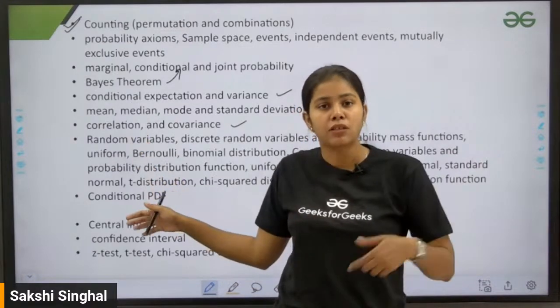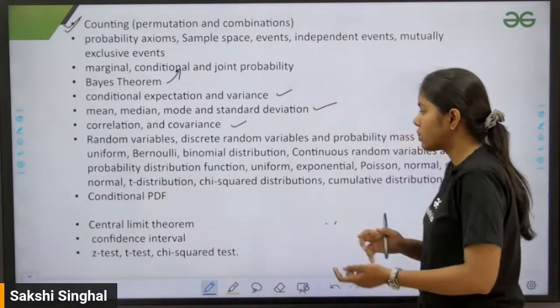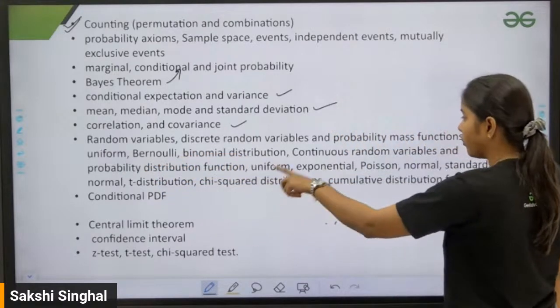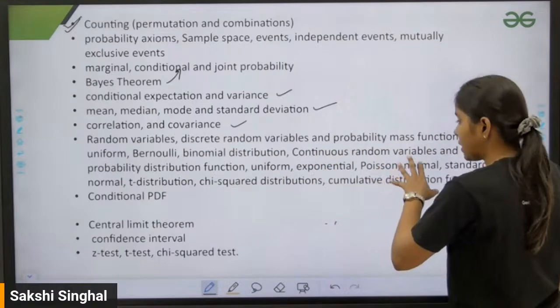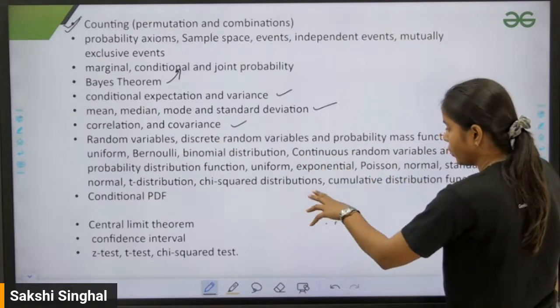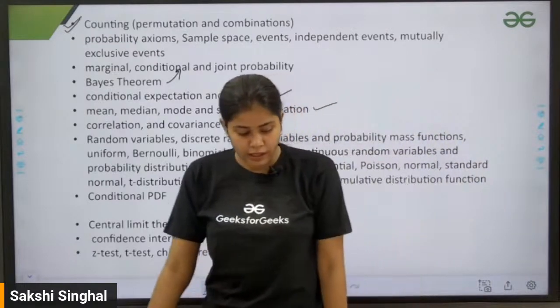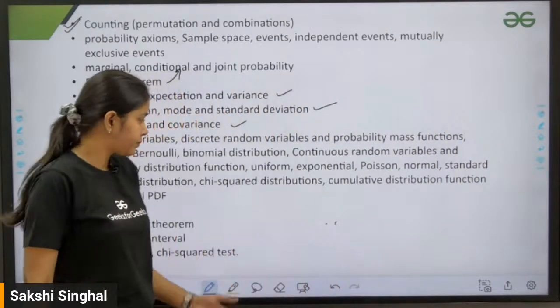We are going to discuss all of that in this section: discrete distributions like binomial and Bernoulli, and continuous ones like uniform, exponential, Poisson, normal, standard normal, t, and chi-square. All these functions we have.